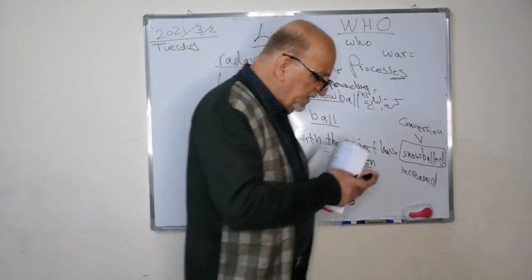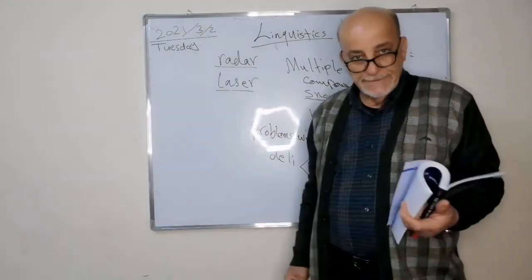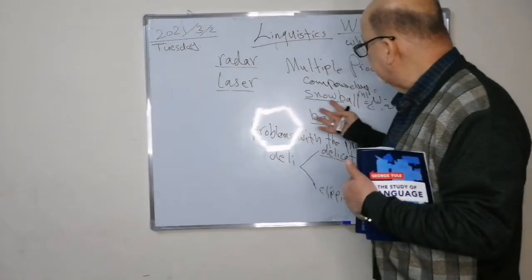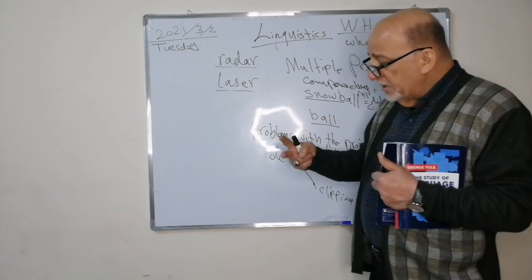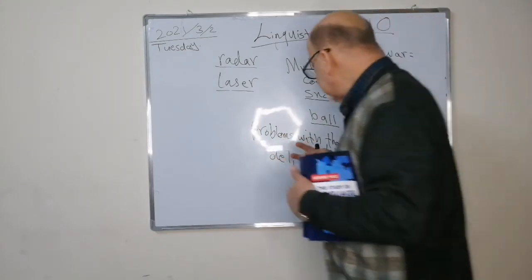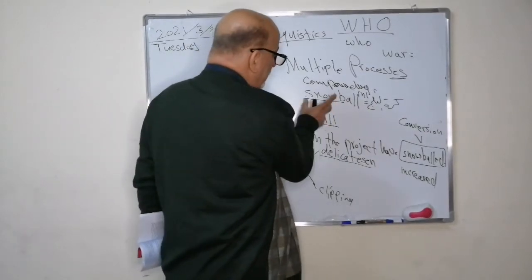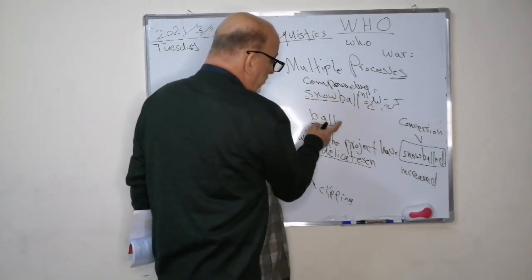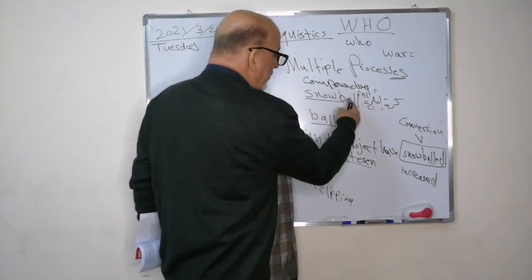So this is what we mean by multiple processes. I'm not adding a new process here. All I am doing is using two processes together. For example, in snowball, first of all we have snow individually, we have ball individually, and then we join them through the process called compounding.